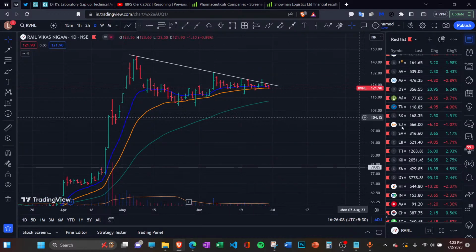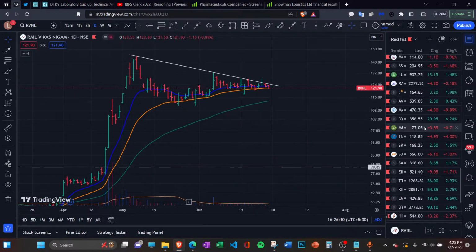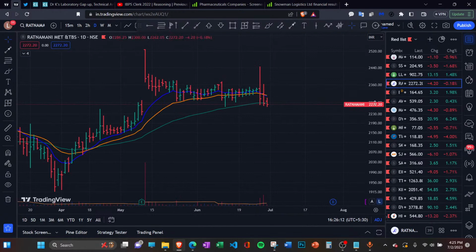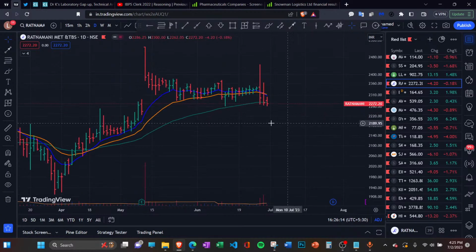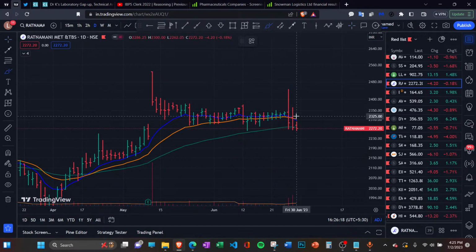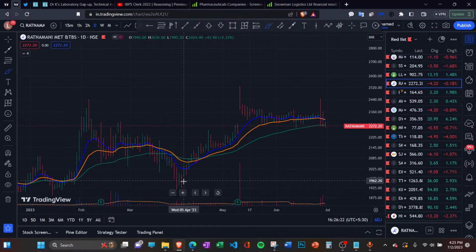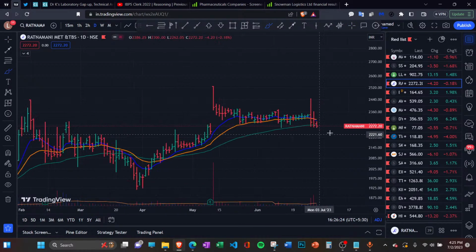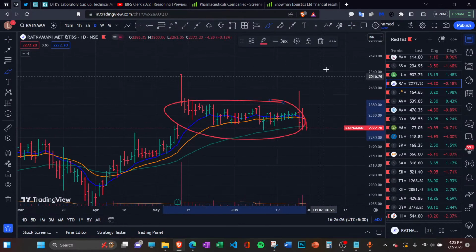This is an example of range tightening after a good up move. This is another example. See, this is what I was saying, that it's not necessary that the expansion has to be on the upside. This is a stock that, after a good up move from here to this point, was consolidating.